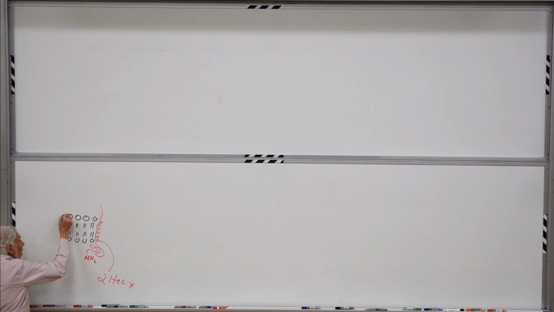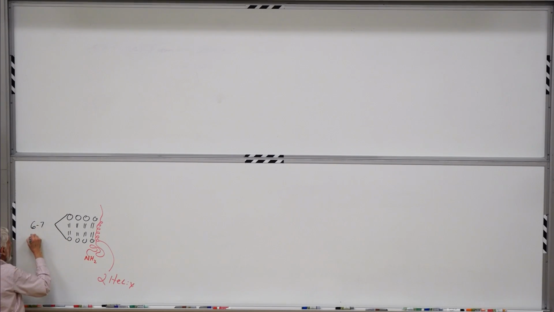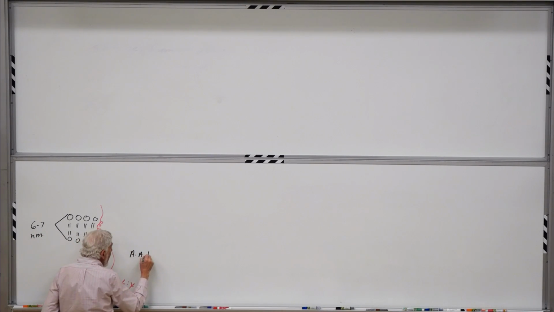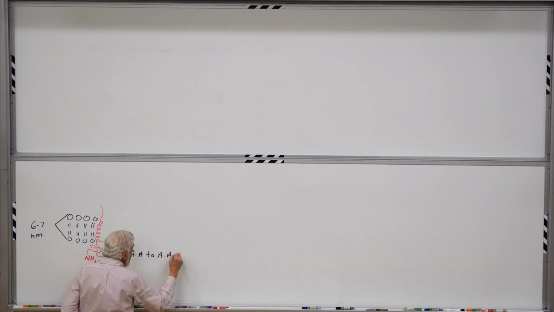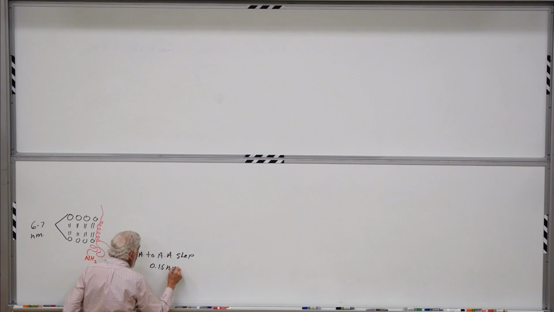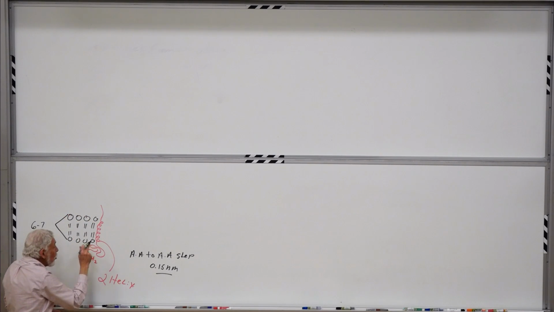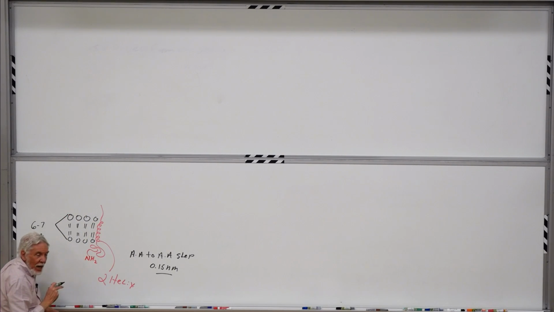The width of a typical phospholipid bilayer is about 6 to 7 nanometers. Again, don't hold on to those numbers. But if you recognize this as 6 to 7 nanometers and recognize in an alpha helix that the amino acid to amino acid step is 0.15 nanometers, that gives you a sense that it's going to take 40 plus amino acids in this spiral staircase to transit the phospholipid bilayer.